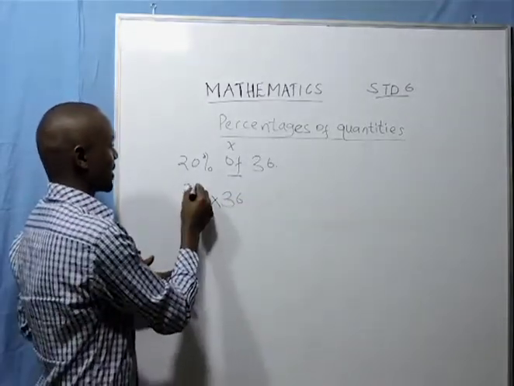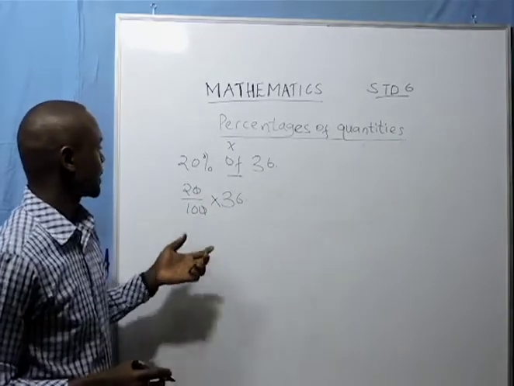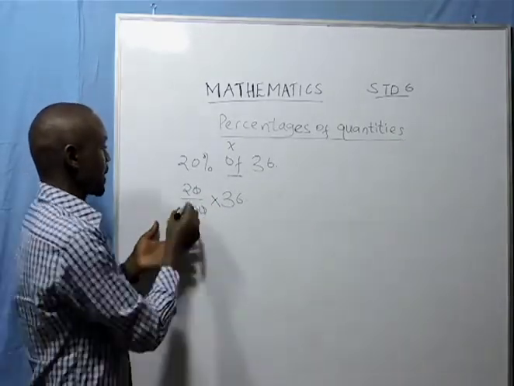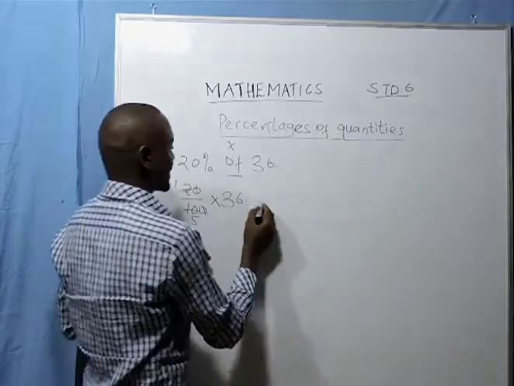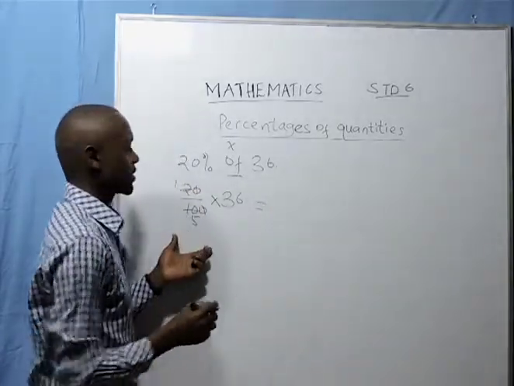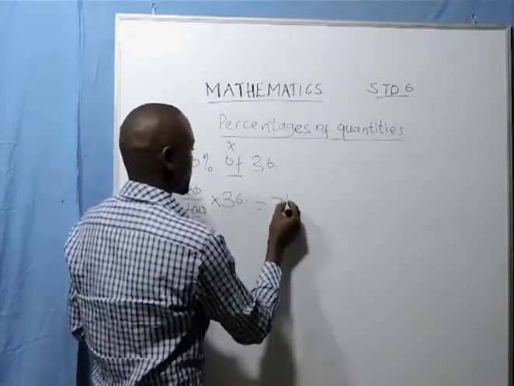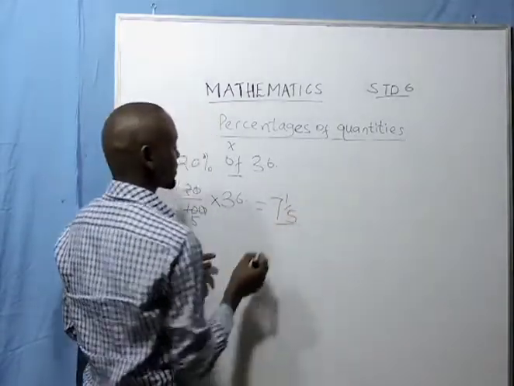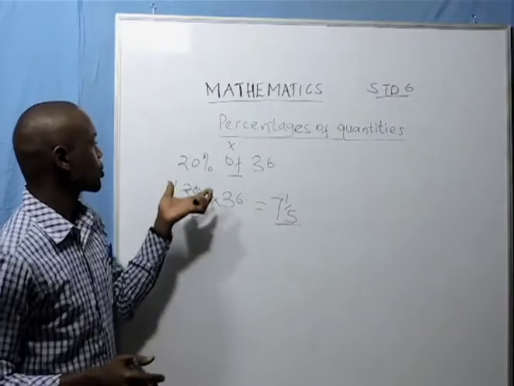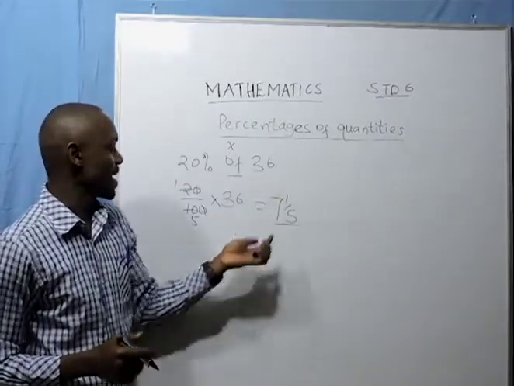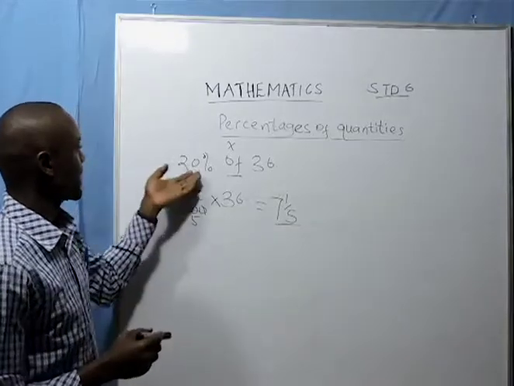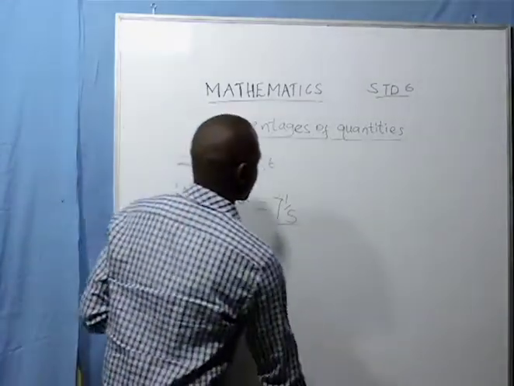This will be the same as dividing by 2 and by 2, 5. 36 divided by 5, which is 7 and 1 over 5. So 20% of 36 is 7 and 1 over 5. Just multiply directly.